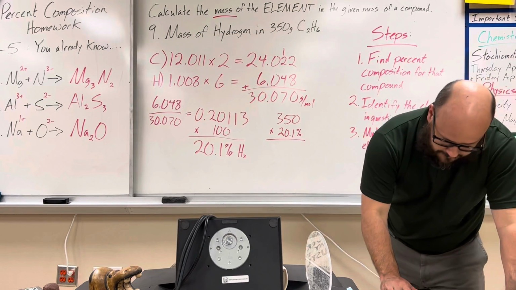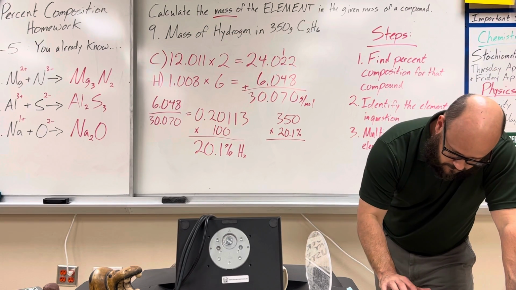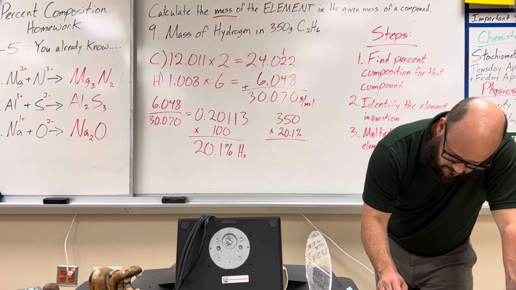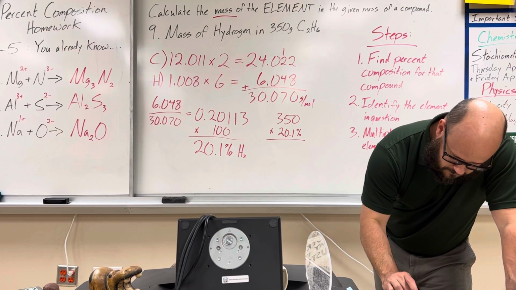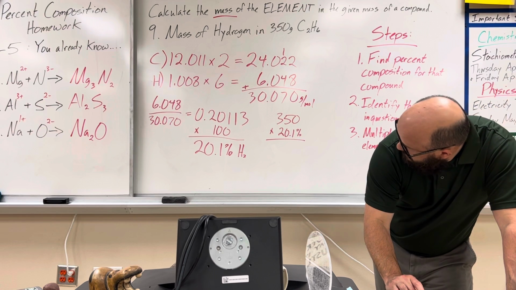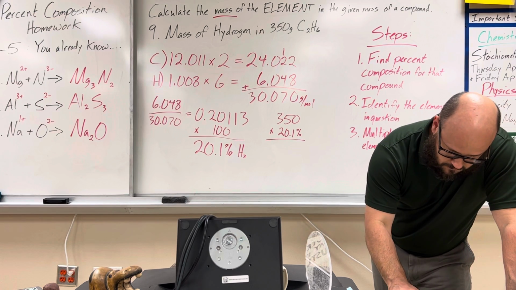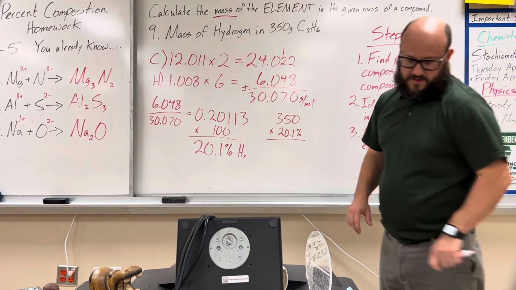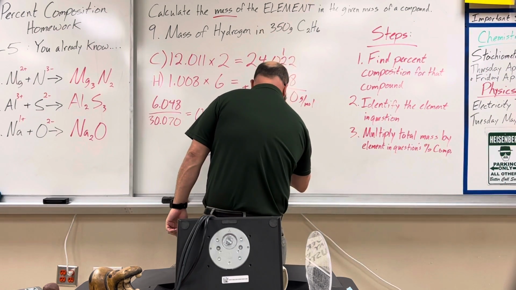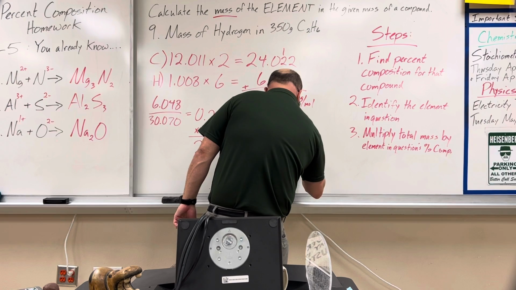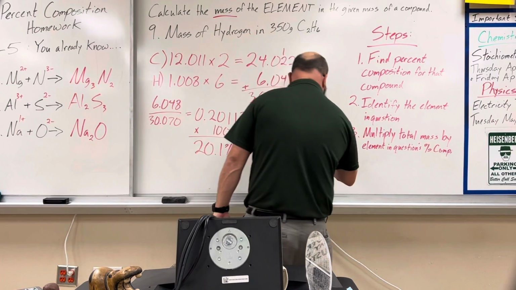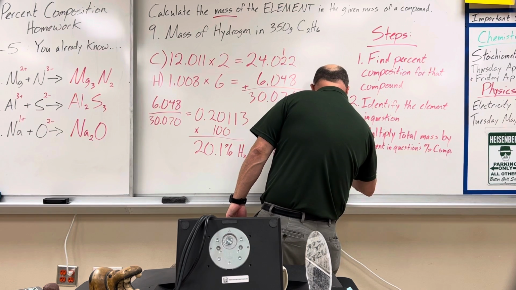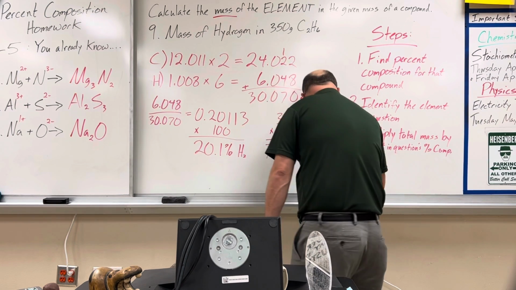And when you do that, you'll get 70.35. 70.35, we can round that off to 70.4 grams of hydrogen.